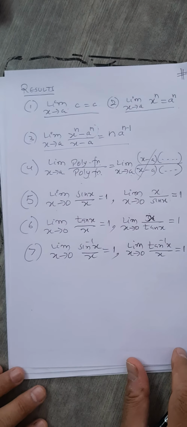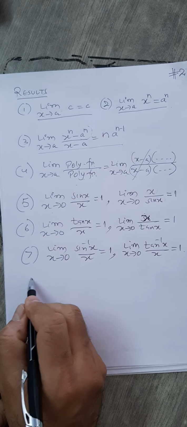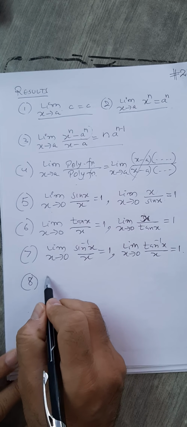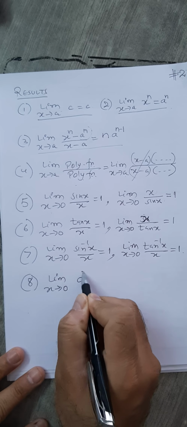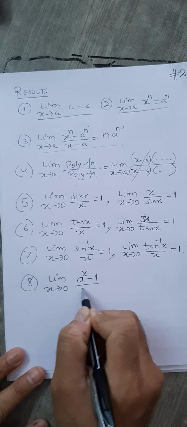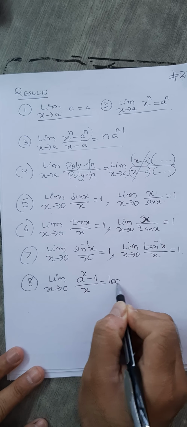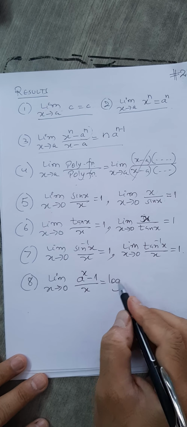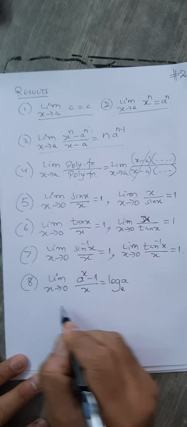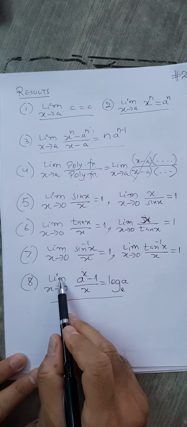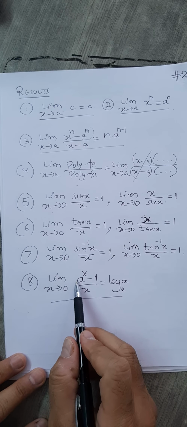Fine. Now, if you remember, in supplementary reading we did this. Limit x tends to 0 of (a raised to x minus 1) upon x is always nothing but log a to the base e. This is always true. This is an exponential function.